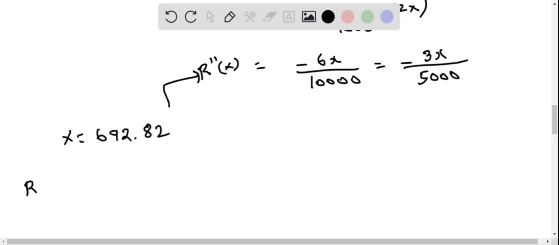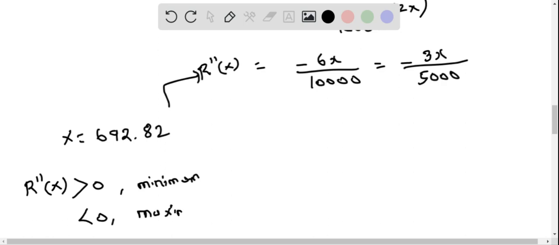So if R double prime of x is greater than 0, then the critical point is a minimum value. However, if it is less than 0, then it is a maximum value. This is according to the second derivative test. We follow this. So let's plug in x equal to 692.82 into this function.